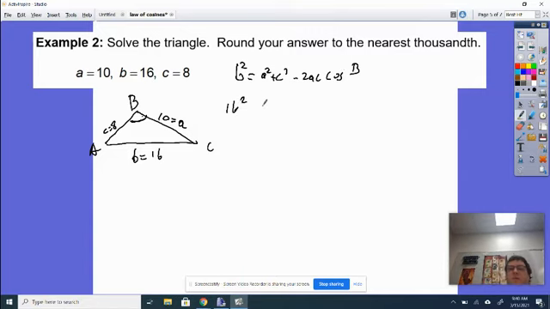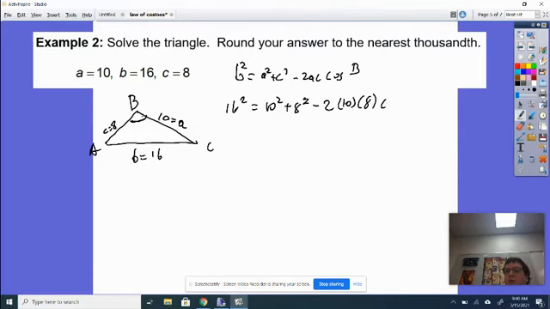Okay, plugging in everything I know. So 16 squared equals 10 squared plus 8 squared minus 2, 10, 8 cosine of B, which is what I'm looking for.